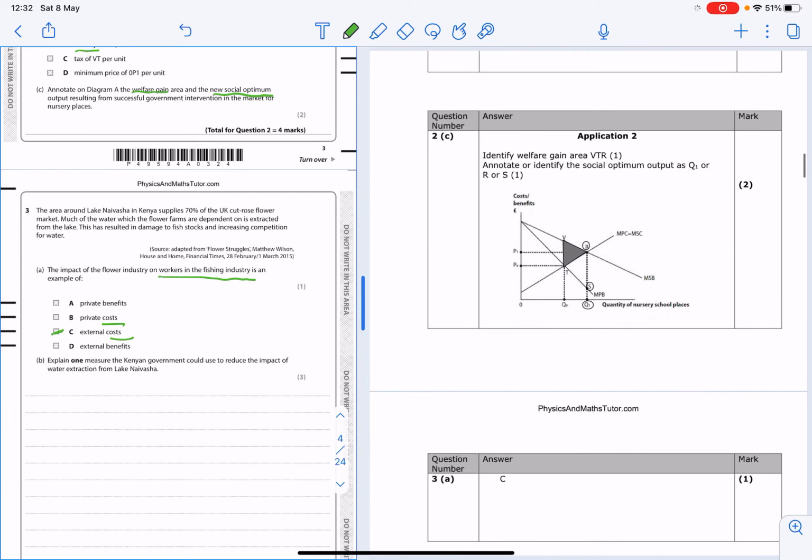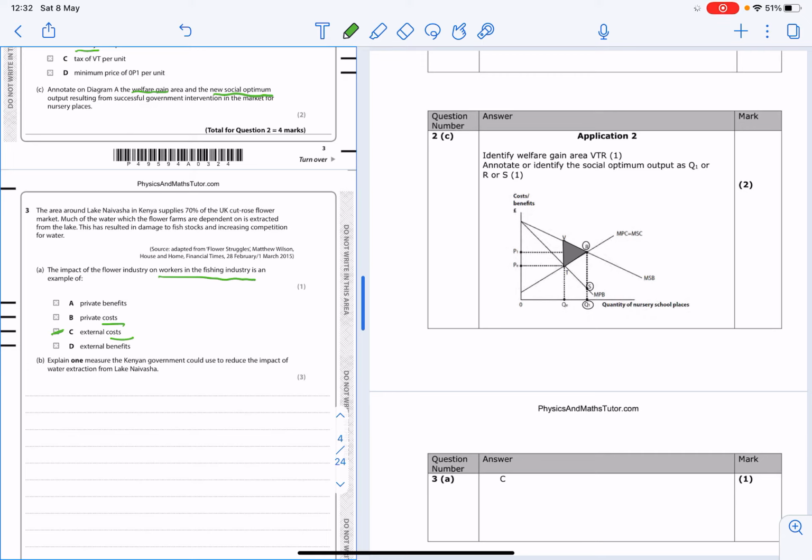It's quite confusing because it's difficult to know which one they're referring to, but because the flower industry is the one making the choice, they're the ones taking the water from the lake, then it's the people that are suffering are external to that. So that's why it's C.